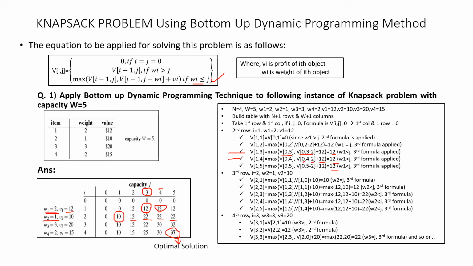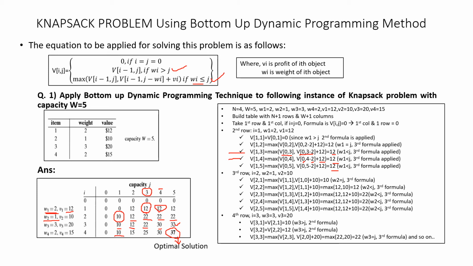Third formula. Like that. For this one, 3 is greater than 1. 3 is greater than 1 means second formula. Right? Then for this one, 3 is greater than 2. Again second formula. This one, 3 is equal to 3. Third formula. This one, 3 is less than 4. Third formula. This one, 3 is less than 5. Third formula. For this one, 2 is greater than 1.